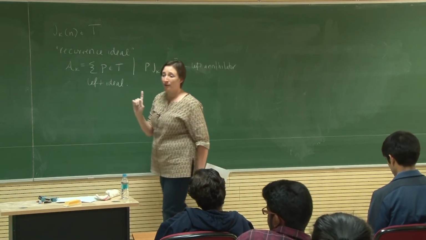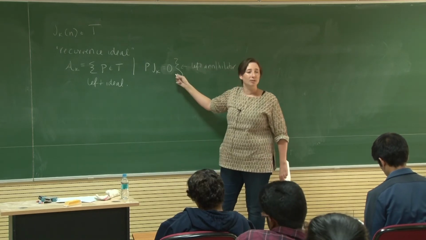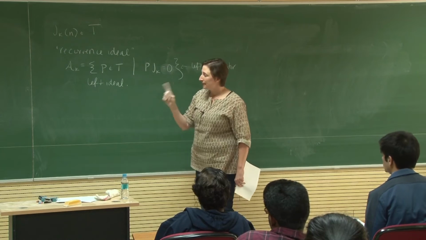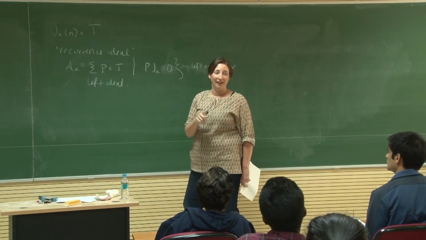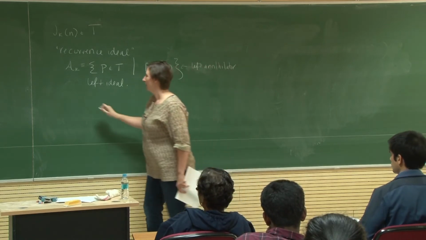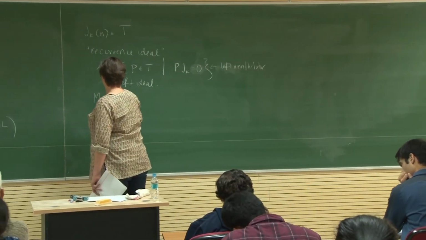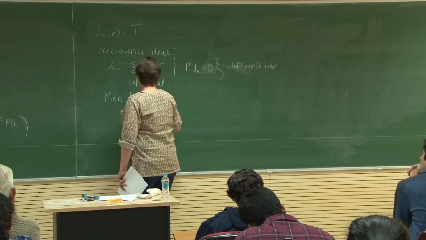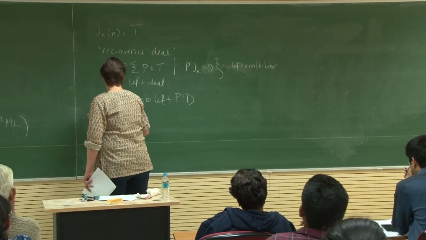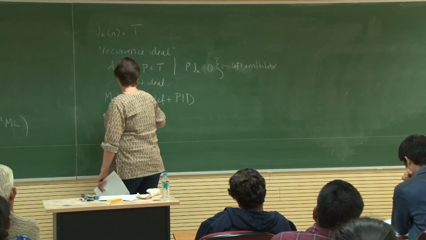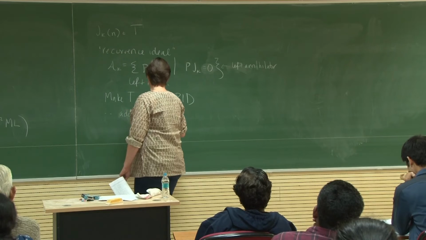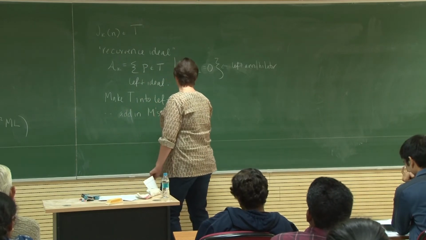Okay, so what we want to do, if life was good, this would be a principal ideal, and we would take its generator. But life is bad. So T is not a PID. Well, it's not a left PID. We have to be careful about commutativity. So we need to make T into a left PID. So we're going to add in the M's and T's.